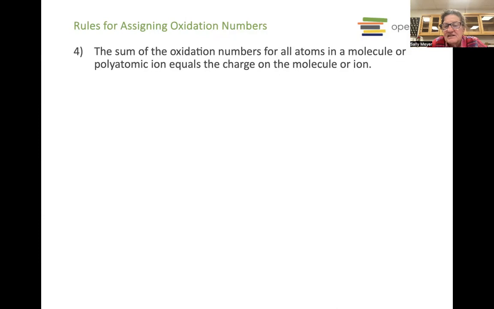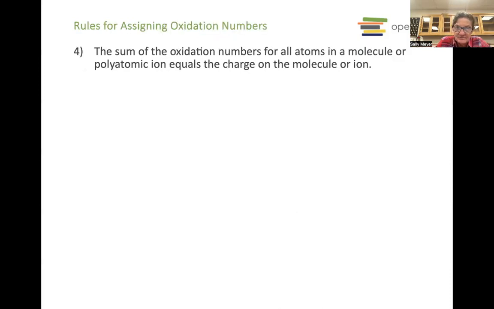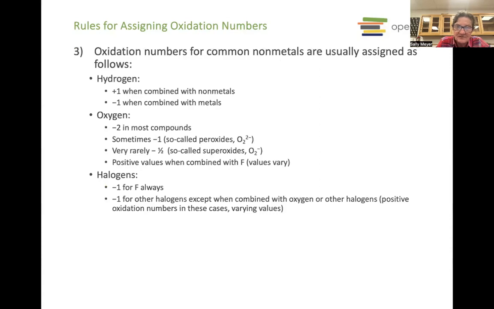The sum of the oxidation numbers for all atoms in a molecule or polyatomic ion has to equal the charge on that molecule or polyatomic ion. If we follow the guidelines in this section, we can assign oxidation numbers to the elements in the following species. According to guideline number 1, if we want to know the oxidation numbers of hydrogen and sulfur in this compound, hydrogen is +1 because sulfur is not a metal.